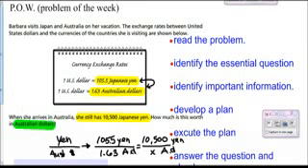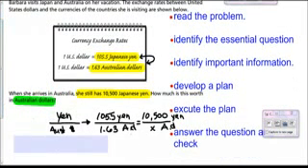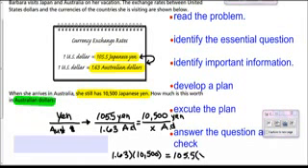And now using what we know about solving proportions, we can cross multiply. 1.63 times 10,500 is going to equal 105.5 times x.